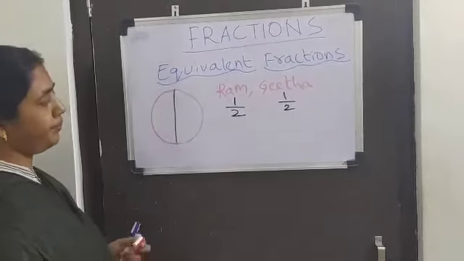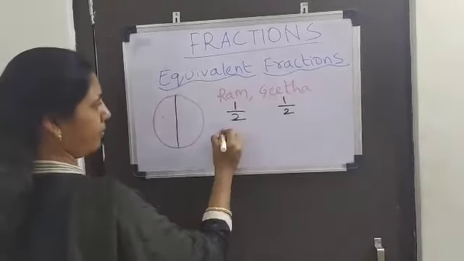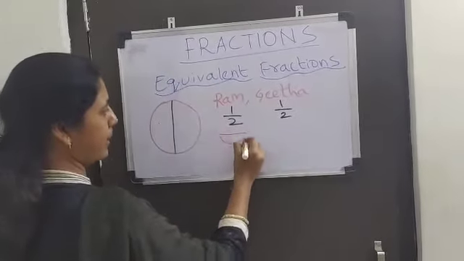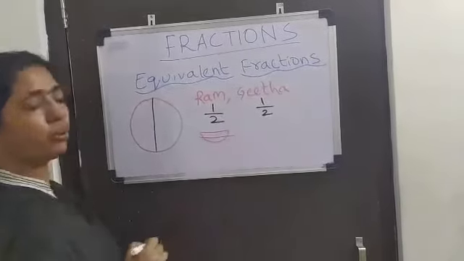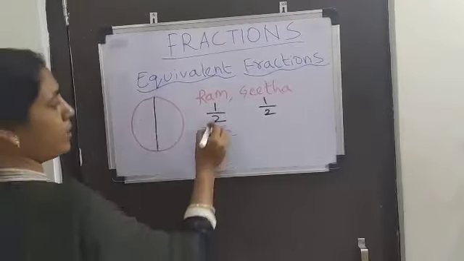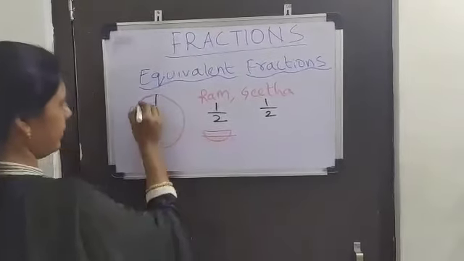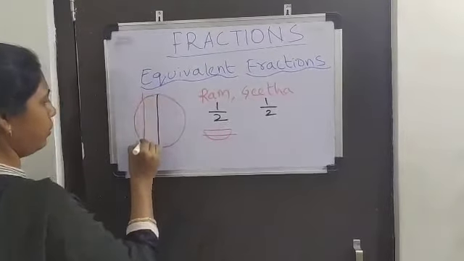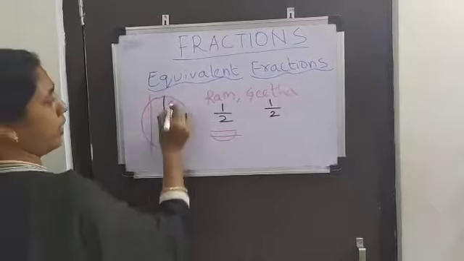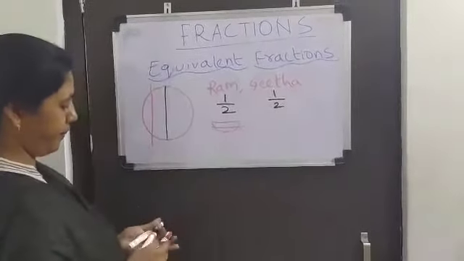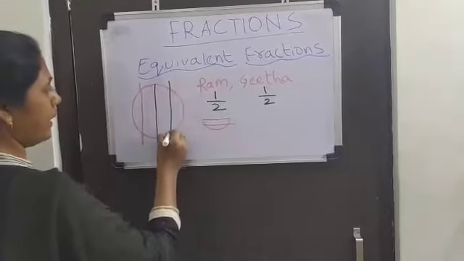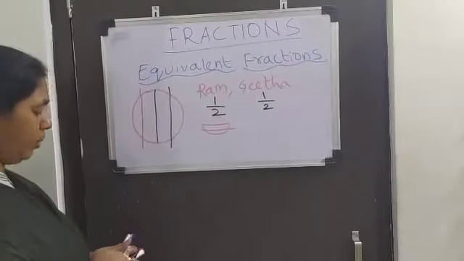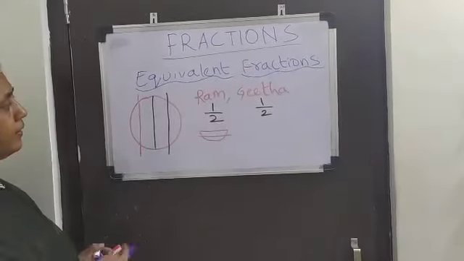Now this half which Ram has eaten, he has again divided into 2. Like this, he has divided again into 2. And this also Geeta has again divided into 2. Now how much has Ram eaten?